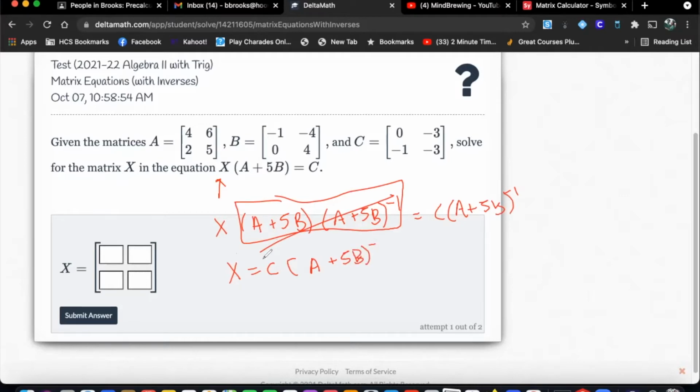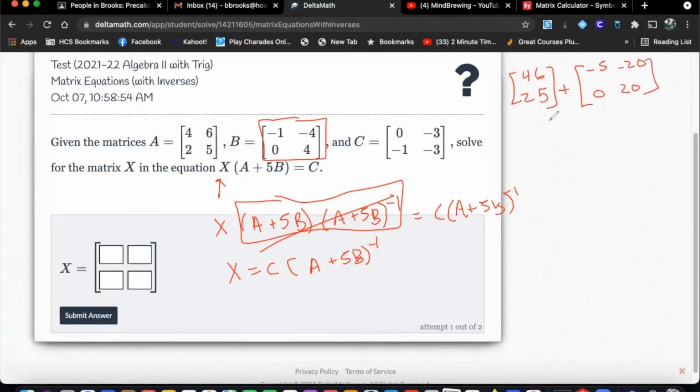So the first thing we need to do is find out, what is a plus 5b? Well, let's think about it. We have a is 4, 6, 2, 5, and we're going to add 5b. So 5b is we take b and multiply each entry by 5, which gives me negative 5, negative 20, 0, positive 20.